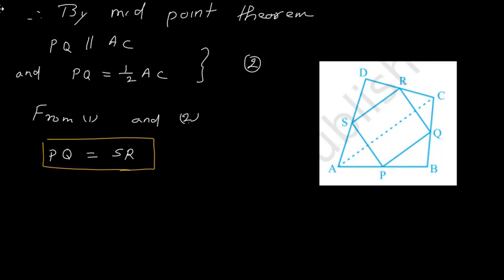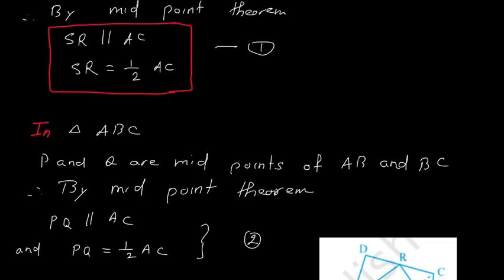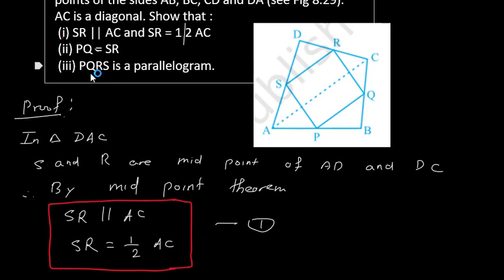Also, we have PQ parallel to SR, right? Now, why have I written PQ parallel to SR? It is not asked. But for the next question, we have to prove that PQRS is a parallelogram. For that, one pair of opposite sides should be parallel and equal, or both pairs of opposite sides should be parallel.